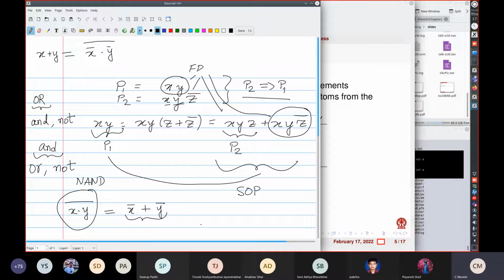So what you find is that using NAND you can of course realize NOT. And also, so you can realize NOT. And what is NOT of NAND? Is AND.